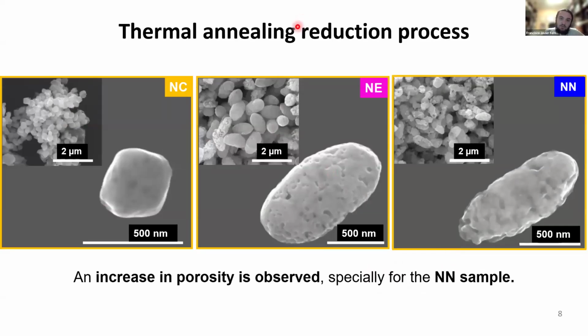However, here we have the results we obtained with this method. We see how, by applying this thermal annealing process, the shape and the size of the nanoparticles don't change. However, we see an increased porosity that is especially important for the nanoneedle sample, as we can see here.